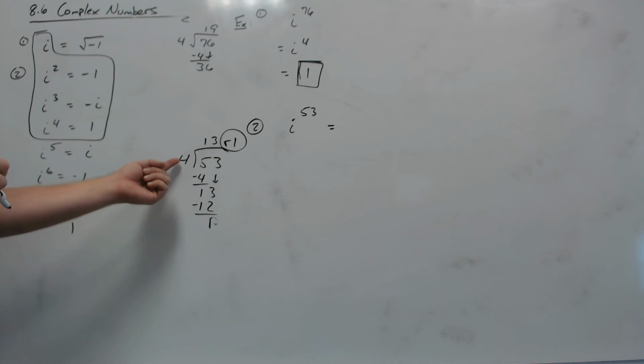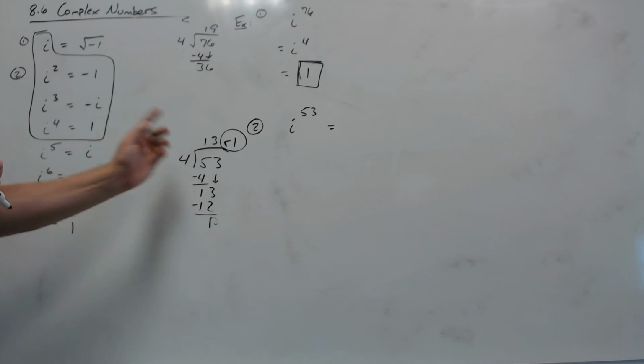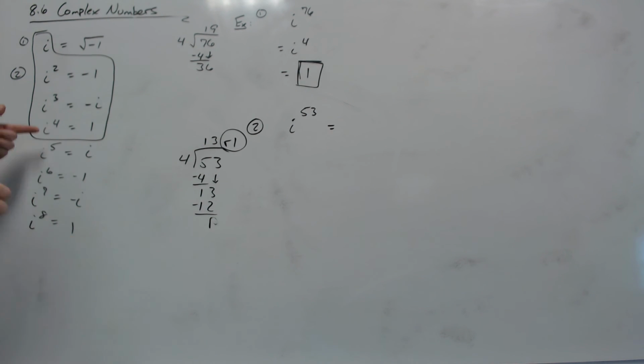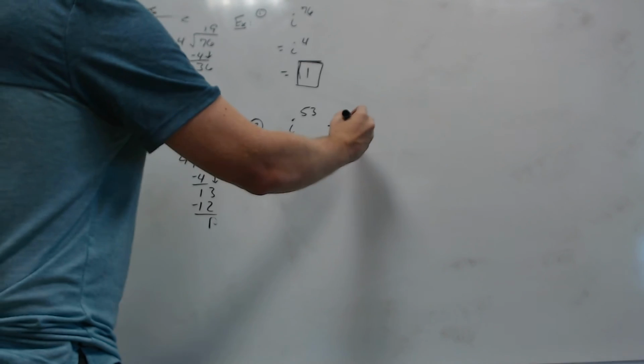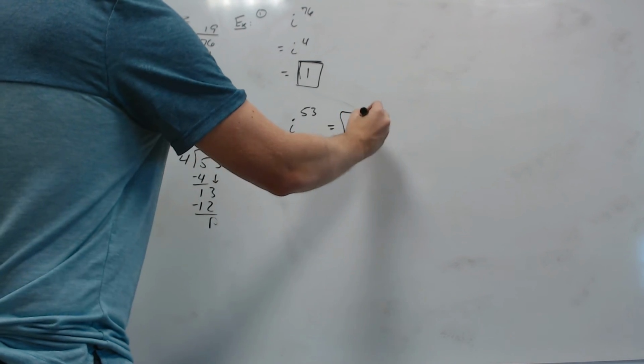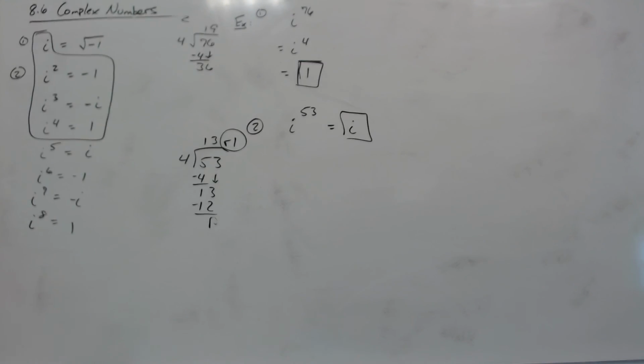So 52 is a multiple of 4, and 53 would be the next one in the list. So this is the same thing as i. All we're really looking at is what the remainder is, and that's going to be the one that you match it up with: i to the first, i to the second, i to the third, or i to the fourth.